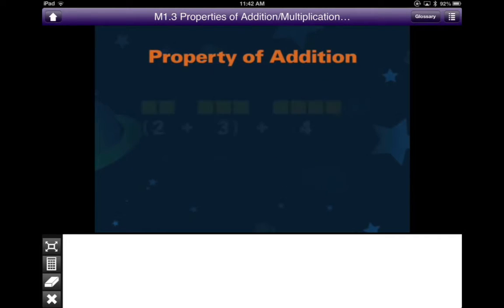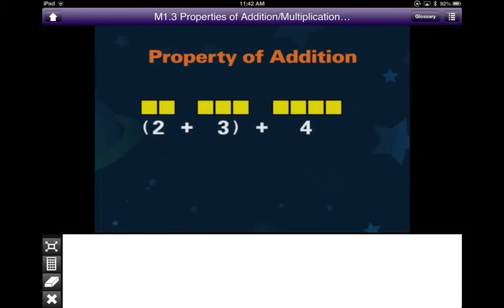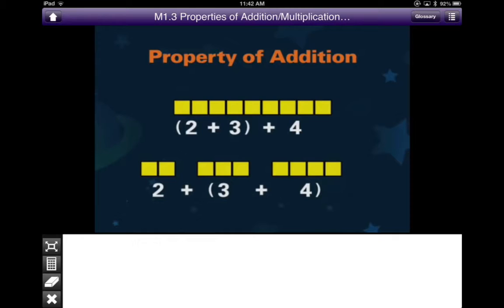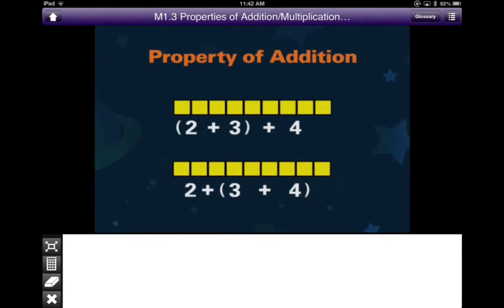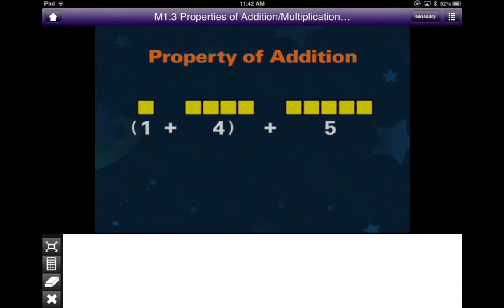Here's another property of addition. Watch one more time.